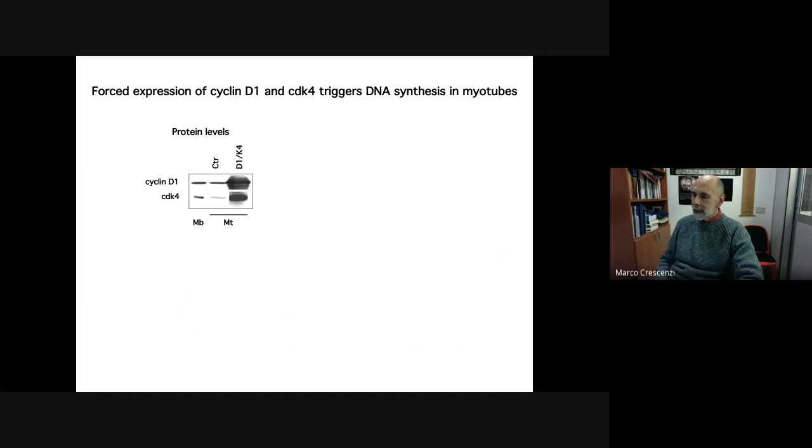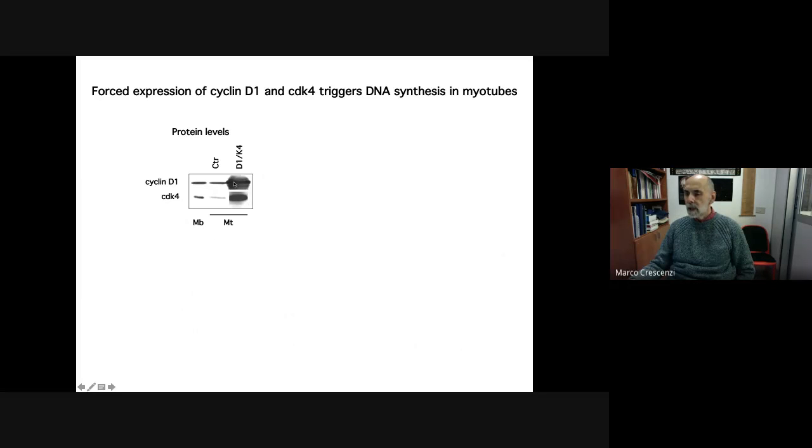Here is the experiment. We infected myotubes here, these two lanes, with either the two recombinant adenoviruses expressing cyclin D1 and CDK4, or control viruses. And here are spontaneously proliferating myoblasts.